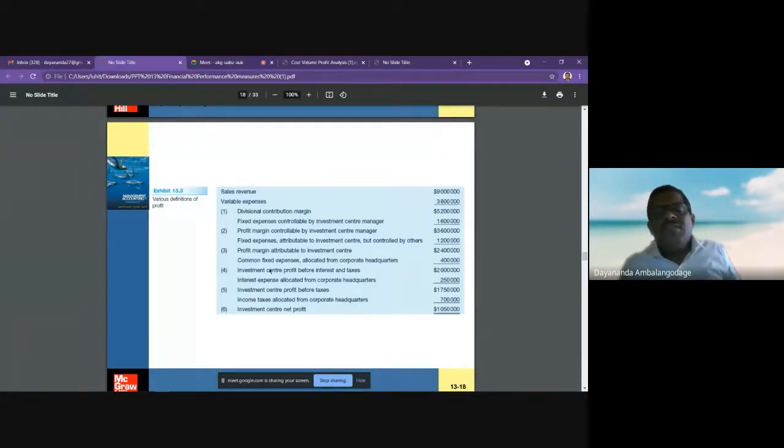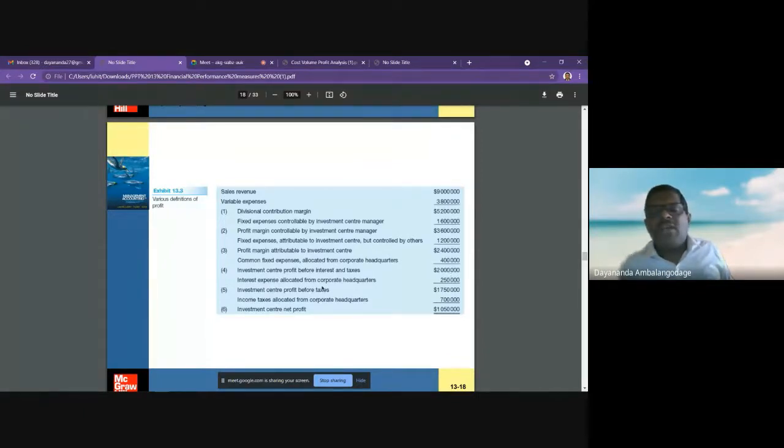Then there are, of course, common fixed costs coming from the head office, because the head office provides certain services to the branches. So thereby head office overheads are allocated among branches. Your portion is 400,000, which is again beyond your control. When you deduct this, of course, you get the investment center profit before interest and tax.